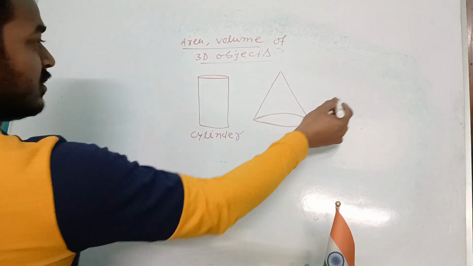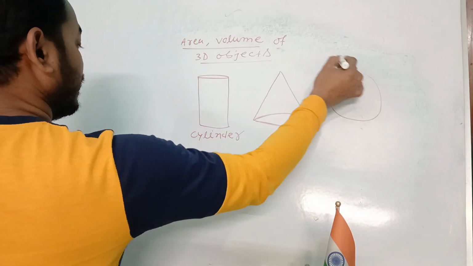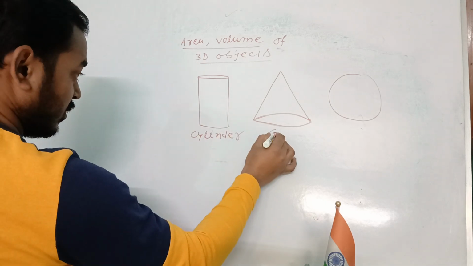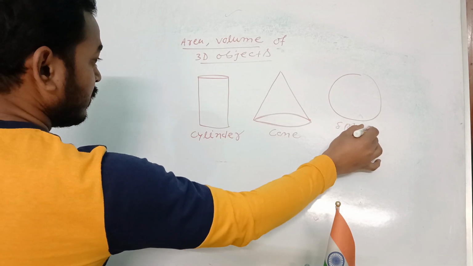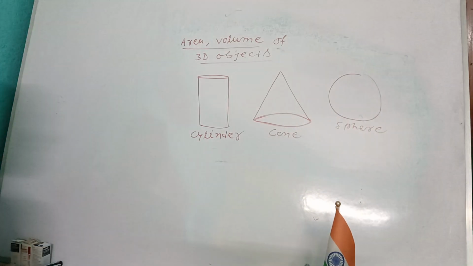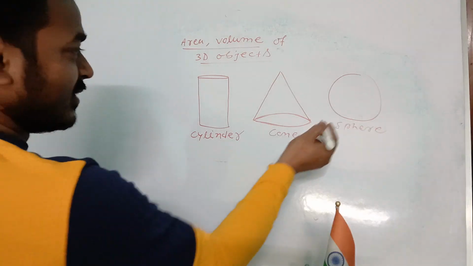Next we have a sphere, a spherical object. Normally, sir, is it a sphere or a circle?